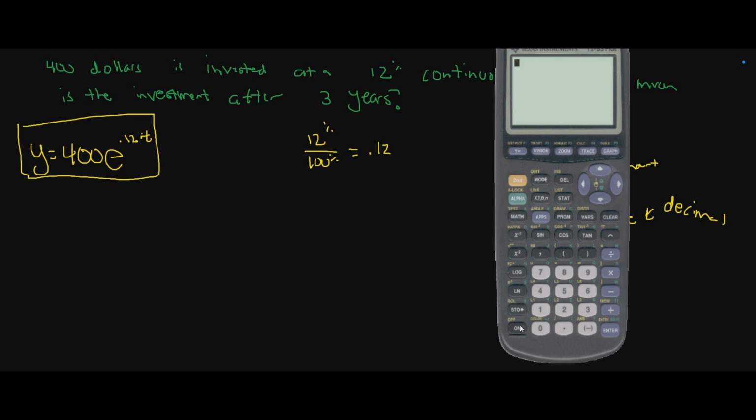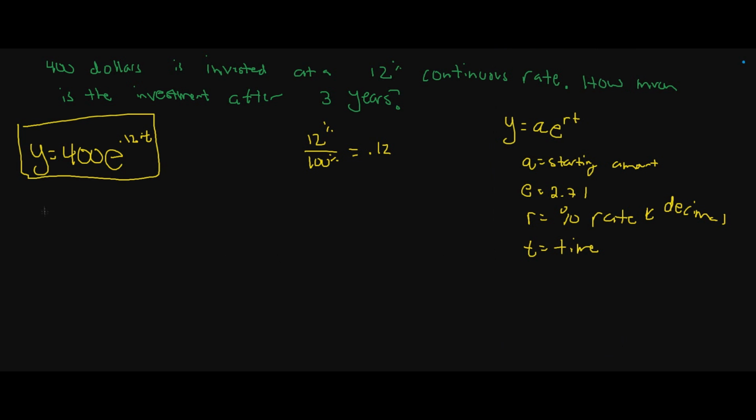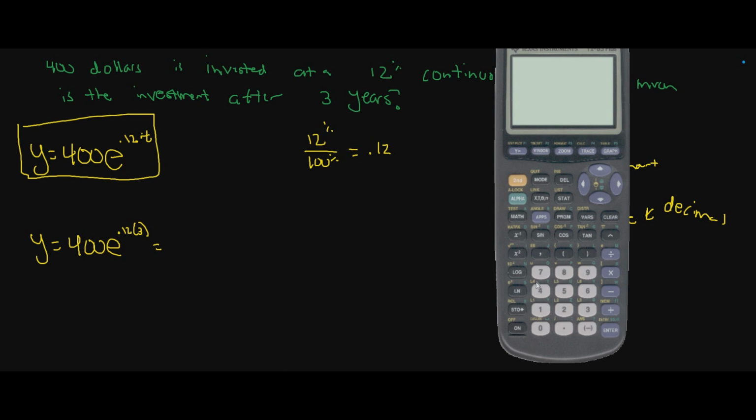Okay, so let's go ahead and find out how much the investment will be in 3 years. So 0.12 times 3. Let's go ahead and solve this. We're going to have 400. You'll notice the e is located right here next to the division sign. So you hit the second and then the division sign, and then the raise button.